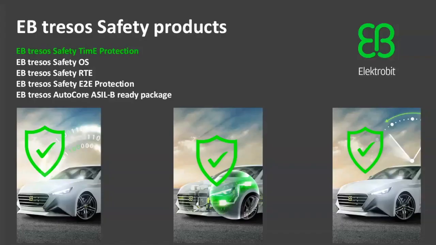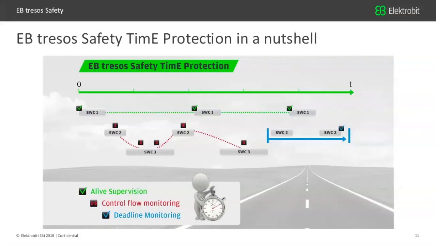Okay, so the first one is the EB tresos Safety Time E Protection module. In an AUTOSAR stack, the time E protection actually replaces the watchdog manager and the watchdog interface, and provides a safe way to do live supervision, control flow monitoring, and deadline monitoring.